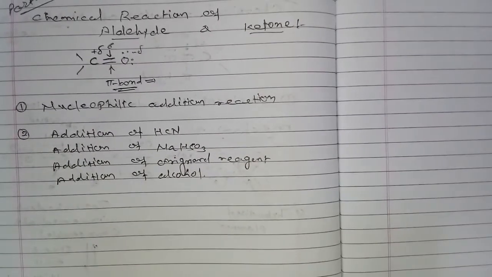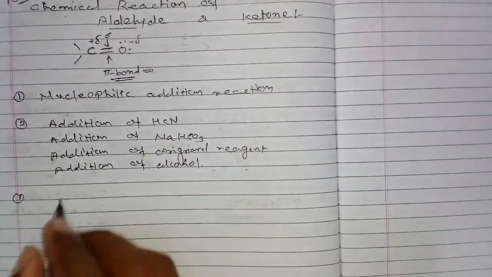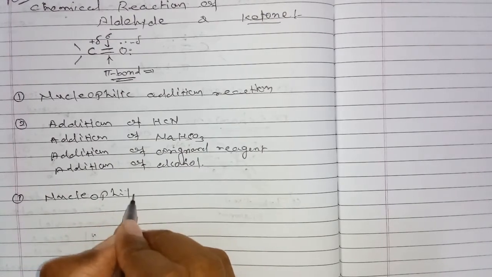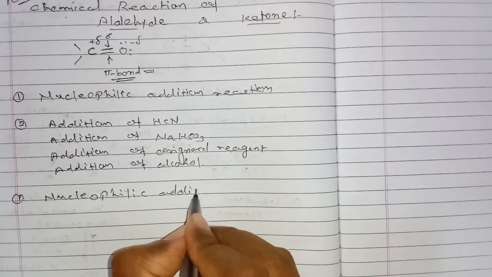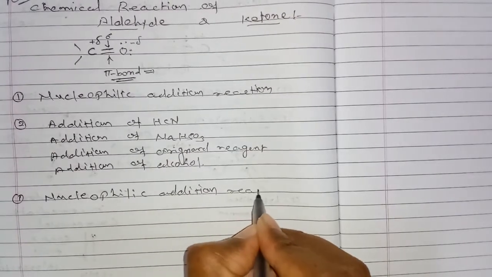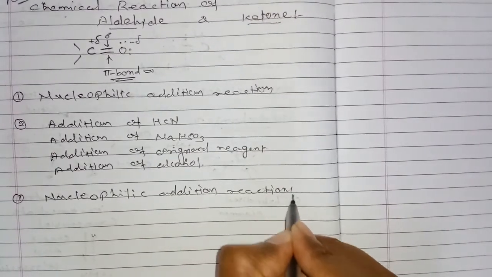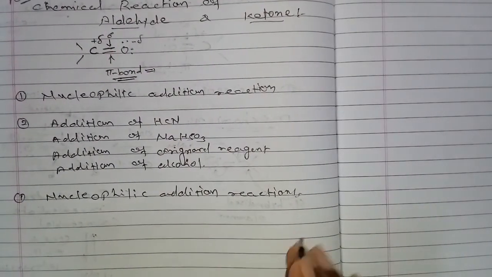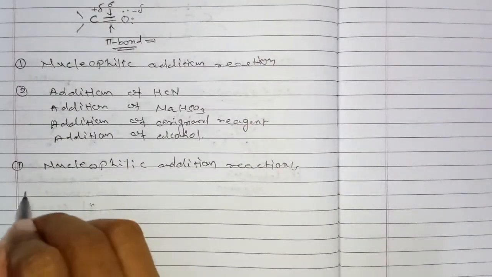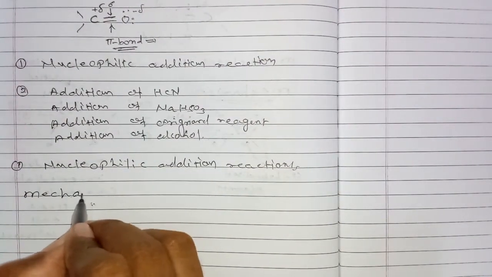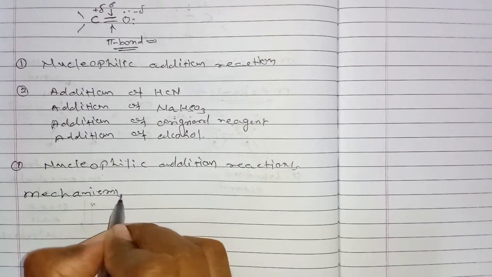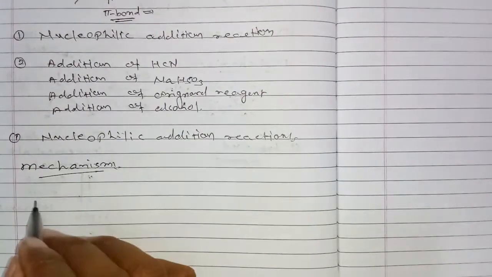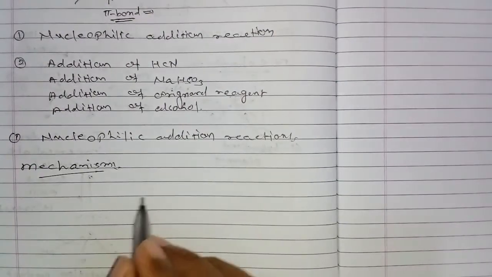First of all, let's see the nucleophilic addition reaction. The reaction is carried out in two steps in its mechanism. In the first step, the reaction is slow.